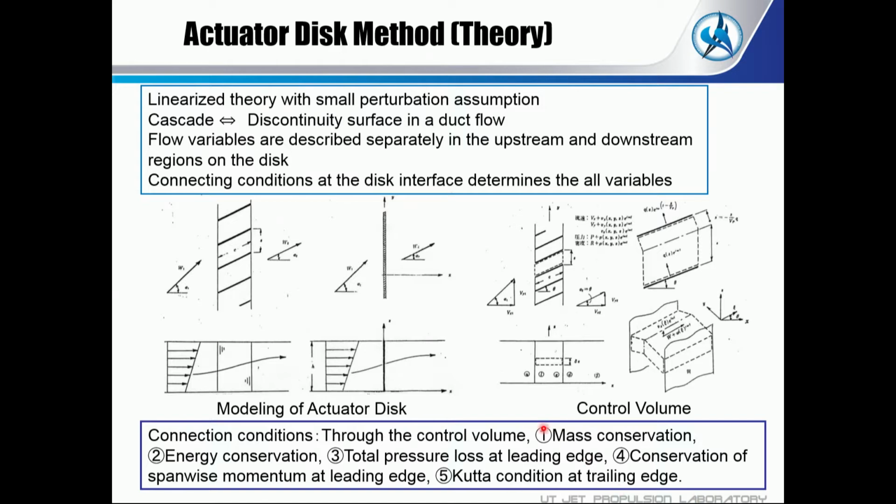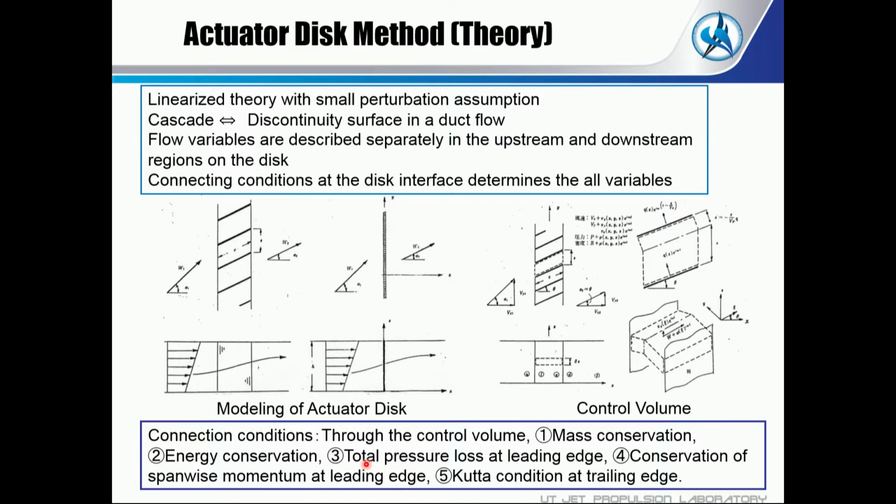So from the first one to the fifth one, what is the empirical one? It's the third one, total pressure loss. Total pressure loss cannot be evaluated theoretically, so as a boundary condition we usually use experimental data. So that is a semi-empirical theory.